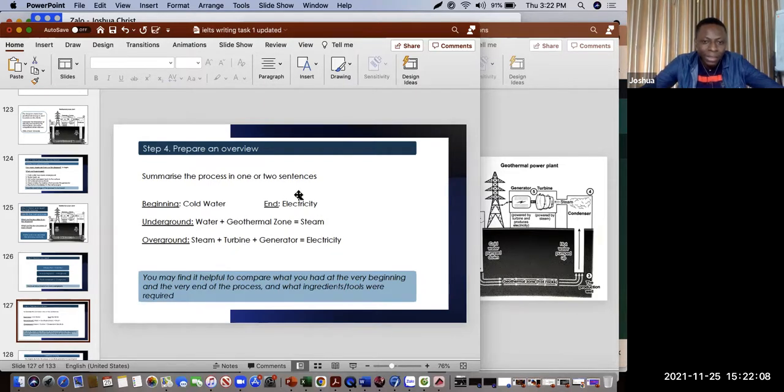At the end of the day, electricity is produced. So with this in mind, you can make a nice sentence, 1 or 2 sentences, using these ideas here. So Jackie, can you try? Can you use the vocabulary here to make 1 or 2 sentences?